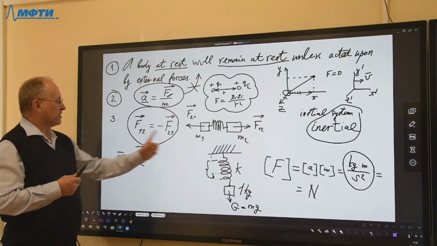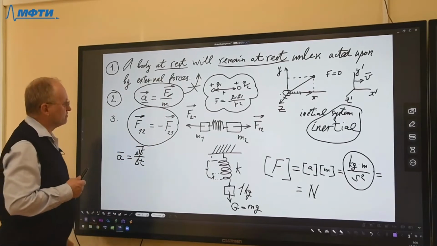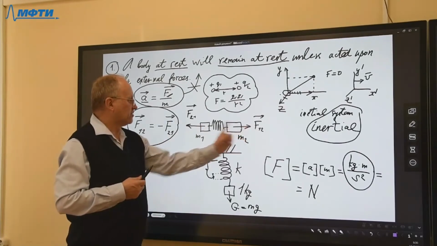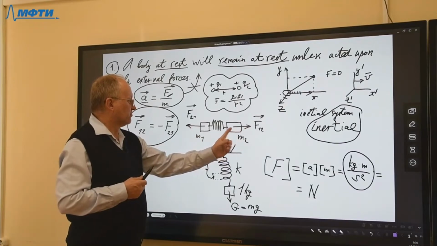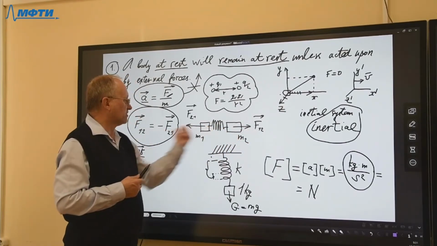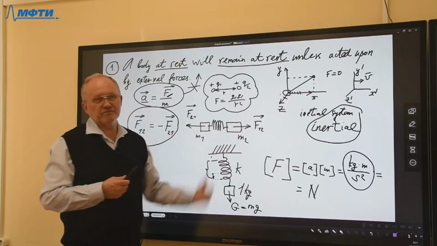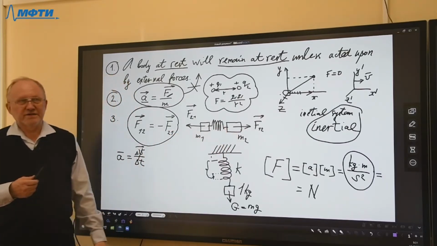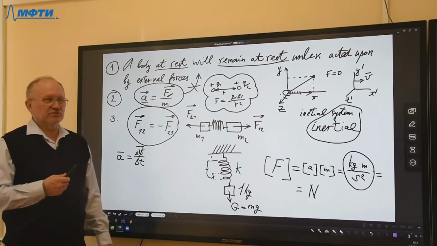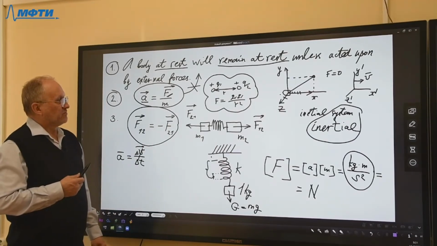Now, as far as the third Newton's law, it seems to be always true. It seems to be always correct. The force of action should be equal and oppositely directed to the force of counteraction. But again, this law is not always correct.